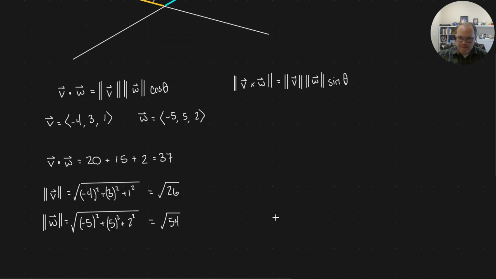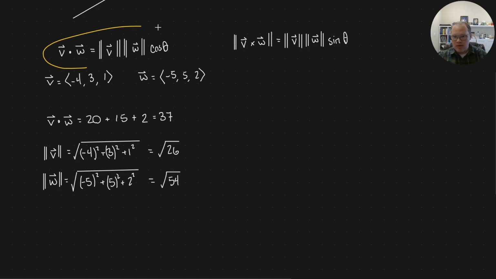So plug them into this formula here. The dot product was 37, so that goes on the left side. So 37 is going to be equal to the norm of V, that was square root of 26, times the norm of W, that's square root of 54, times cosine of the angle between them.